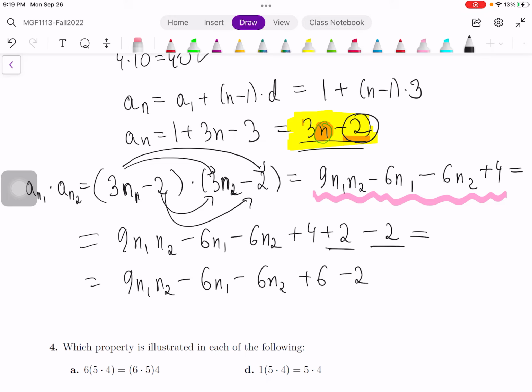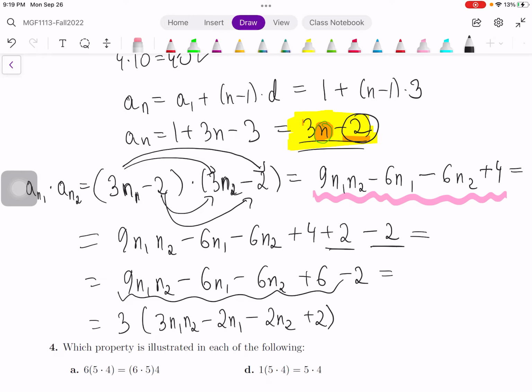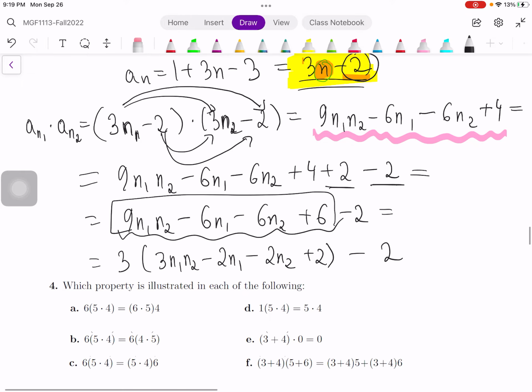It's still the same as plus 4. But then out of those terms, I'm going to factor out 3.